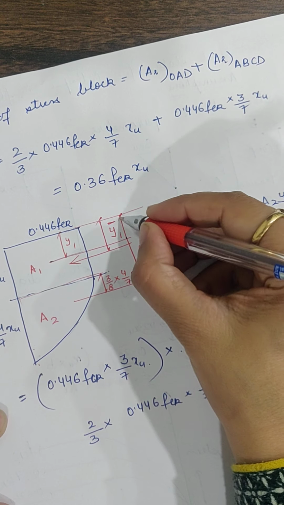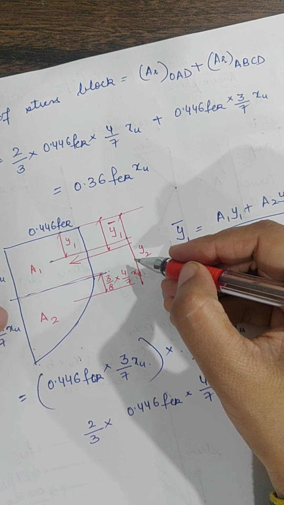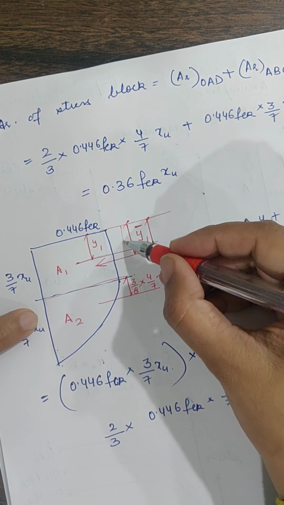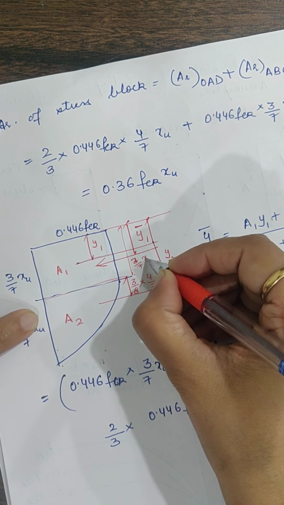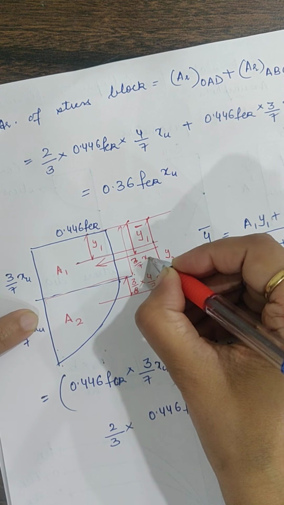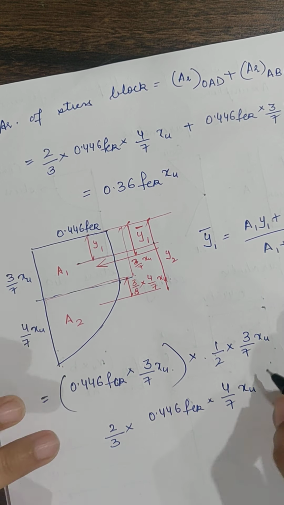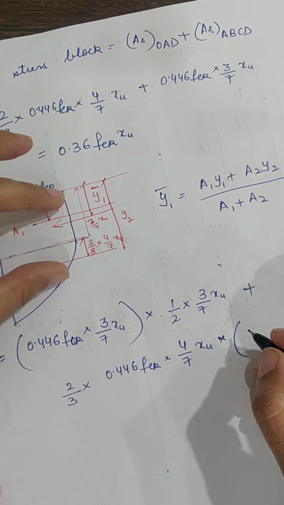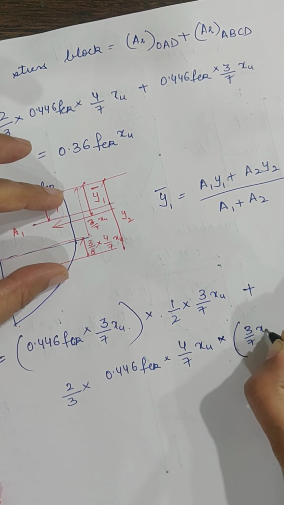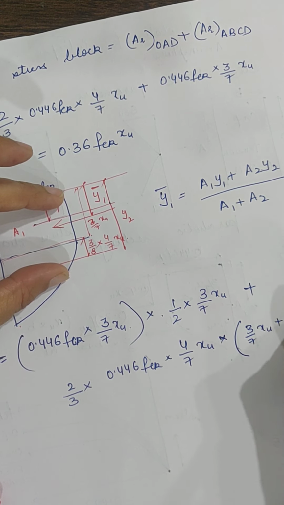Then from the top it will lie at 3 by 7 Xu on this side, so this is 3 by 7 Xu plus this factor, that is 3 by 8 of 4 by 7 Xu. Okay, clear?